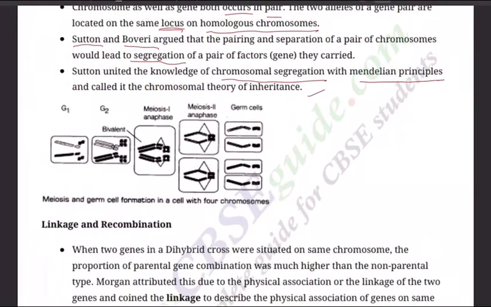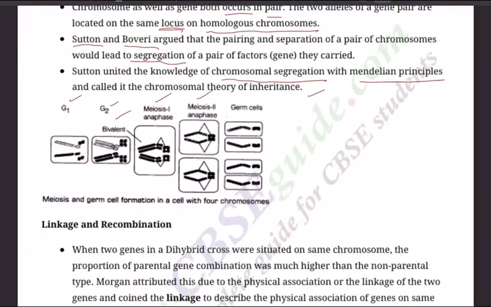So what does actually happen there? As I said, recollect prophase 1. You have a G1 phase, growth 1, growth 2, and as I said, in meiosis 1, bivalents will be formed. After crossing over, they get separated. So exchange of chromatids will take place, and through the exchange of chromatids, exchange of genes also will take place.